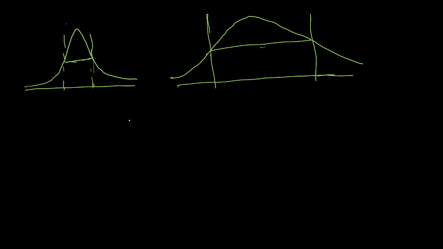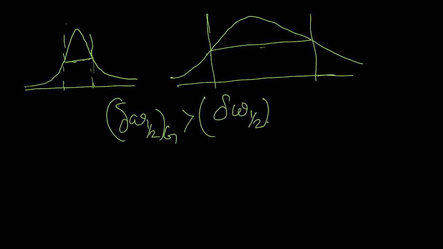So d nu half of Gaussian should be greater than d nu half of Lorentzian, because there is an influence of an external factor, and that makes the peak broadened.